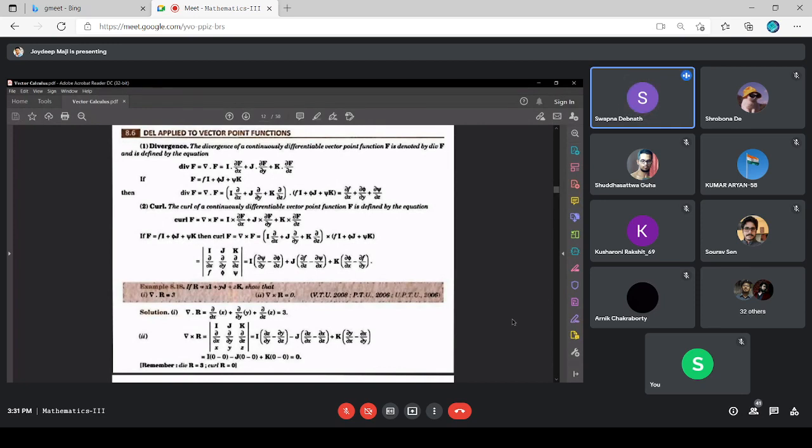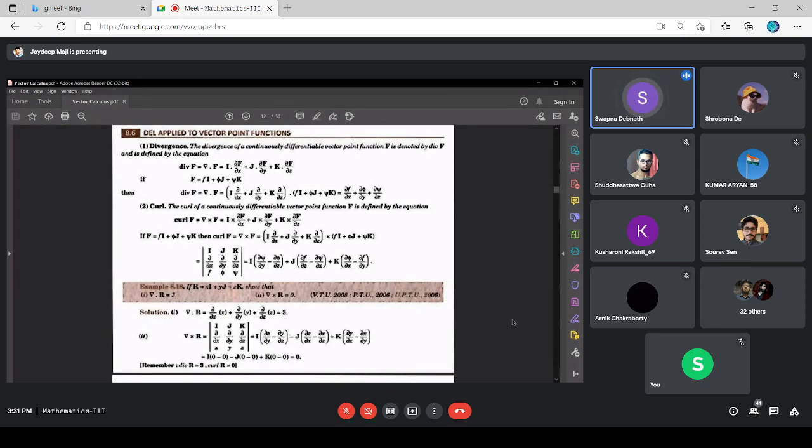Therefore curl of f is del cross f, and we know that a cross product will be a vector. You see that the right hand side is a vector quantity.